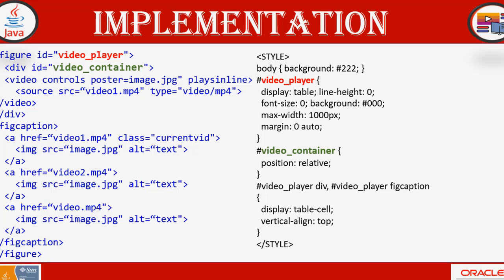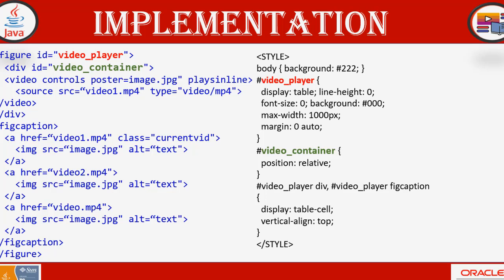So the division ID is mentioned as video container, and if you see the green text, this is the same. So this is going to be styled in this form. This is how that particular object is identified, and its identification will have these properties.